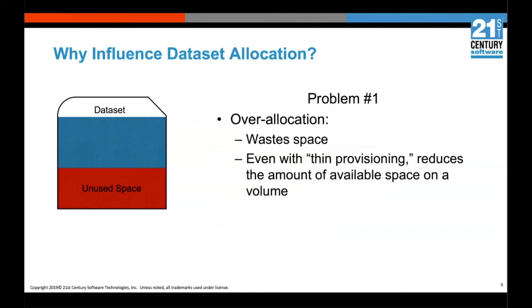So if I have a 27 gigabyte volume, and I allocate a 15 gigabyte data set on it, but I only use 10 gigabytes of that data set space, while there is only 10 gigabytes of spinning round and brown, or in the modern cases, flash storage that's actually being populated, there's still only 12 of that 27 gigabytes left on the volume available for other data sets to be allocated on, even though I've only written to 10. And that's because the structures within the volume itself believe that the data set is 15 gigabytes of space in that volume.